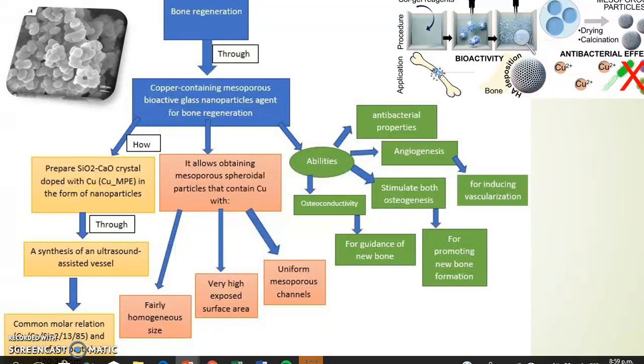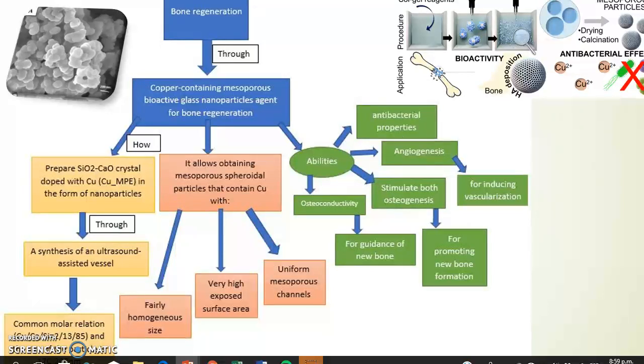This technique made it possible to obtain monodisperse spheroidal particles containing copper that had a highly homogeneous size, surface area, and uniform mesoporous channels. In addition, the particles had antibacterial properties.